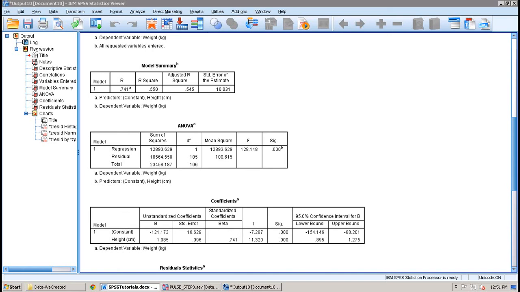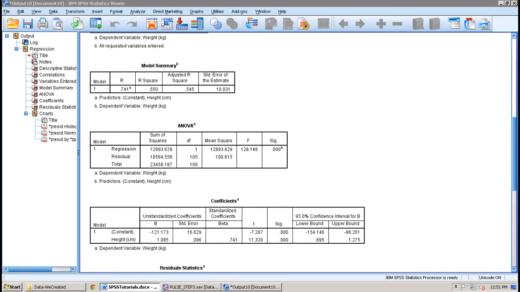The row labeled constant is the intercept and is negative 121.173. The row labeled with the x variable label, in this case height in centimeters, is the slope. Here it's 1.085. So the regression equation would be y hat equals negative 121.173 plus 1.085 times height.